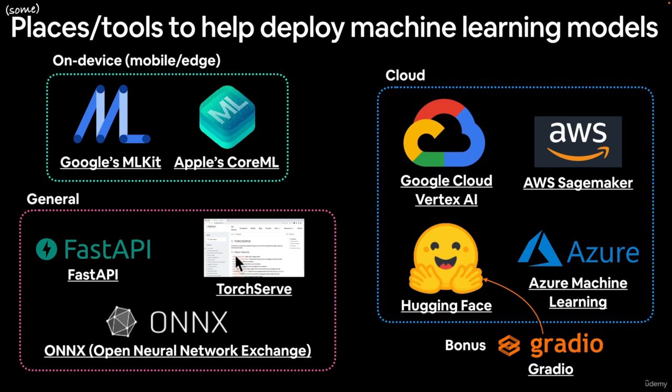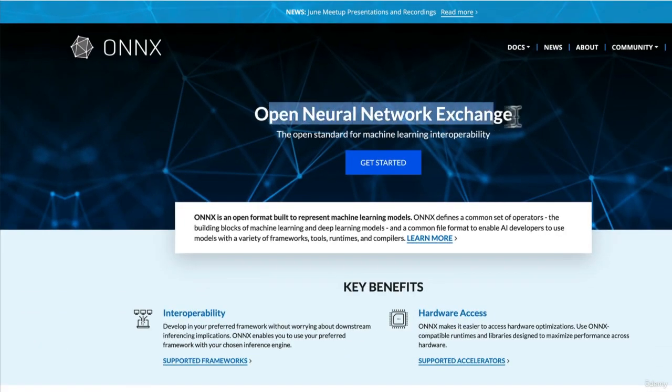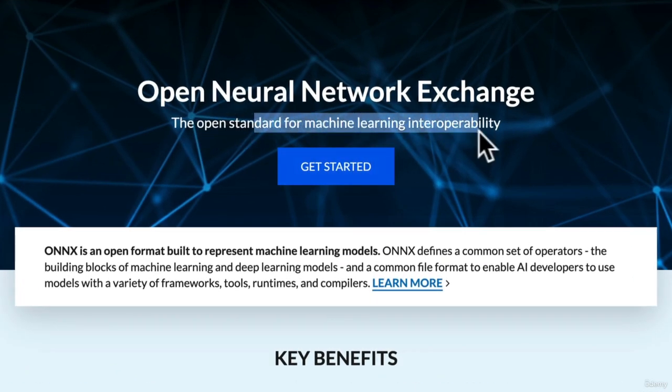Or if you're looking to work out how you can deploy your model as an API, you might start with FastAPI, then go to something like TorchServe. And if you need your model to work almost anywhere, you might want to look into ONNX, Open Neural Network Exchange. So if we jump into this, what is ONNX.ai? Open Neural Network Exchange, the open standard for machine learning interoperability.